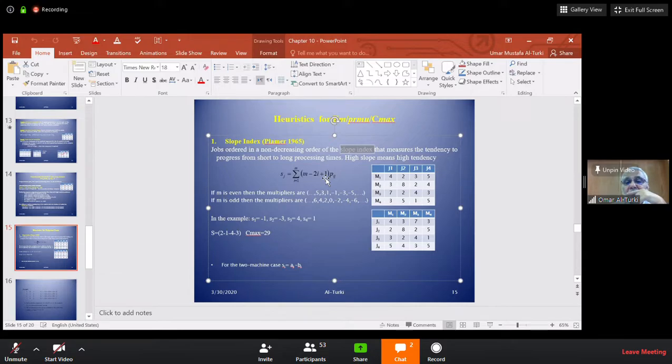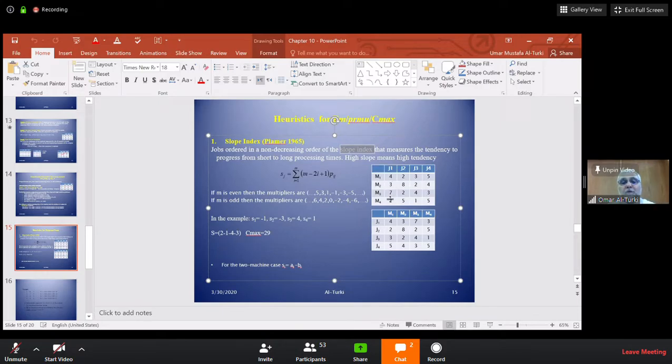So 4 minus 2 plus 1, that's 3. Right? So we are multiplying the processing time of job 1 by 3, and you are doing this for the whole column here.